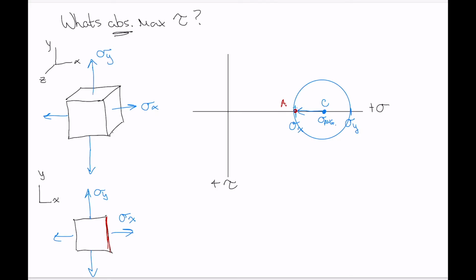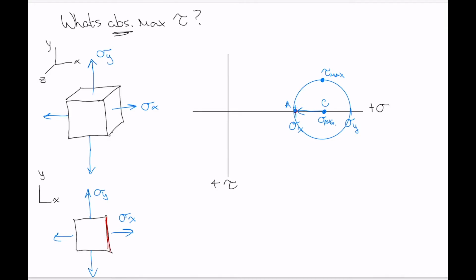And the maximum shear stress here is, I'm going to do everything for this circle in blue, and you'll see why in a second. The maximum shear stress here is up here, tau max. Color that blue, there we go.